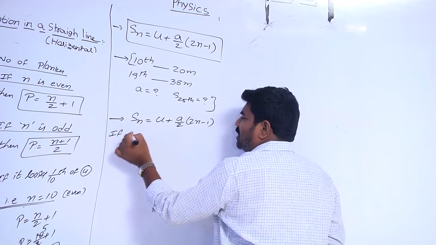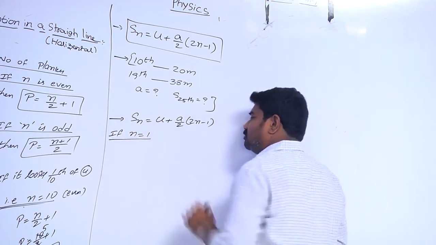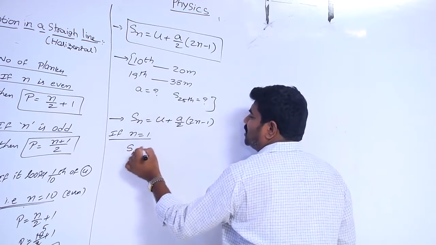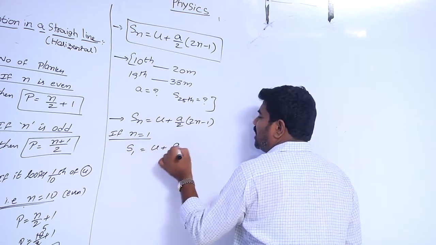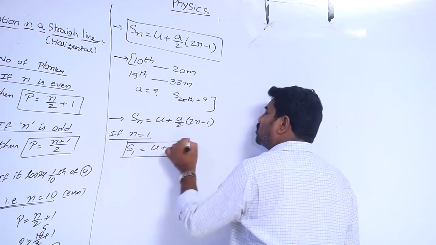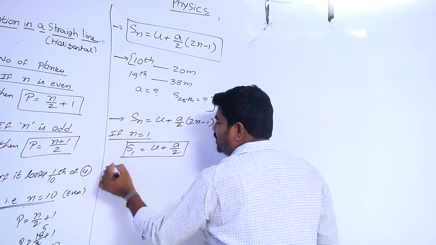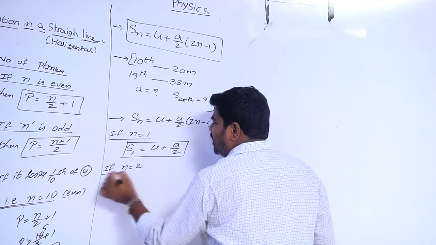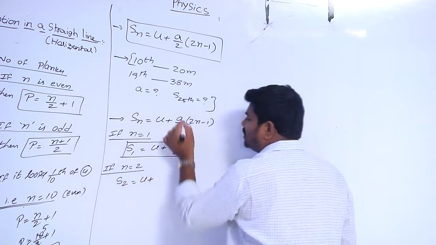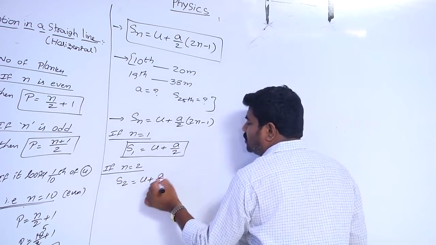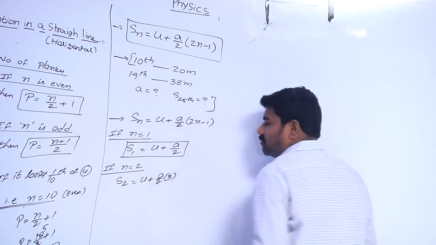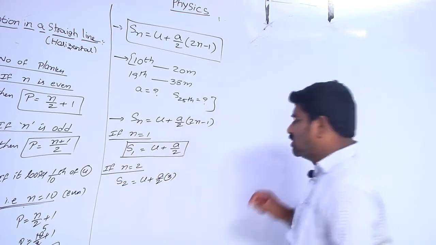What is the displacement if n is equal to 1? Displacement in the first second, S1, is equal to u plus (a/2)(2 minus 1), so S1 is equal to u plus a/2. If n is equal to 2, displacement in the second second, S2, is equal to u plus (a/2)(4 minus 1), that is 3. S2 is u plus 3a/2.